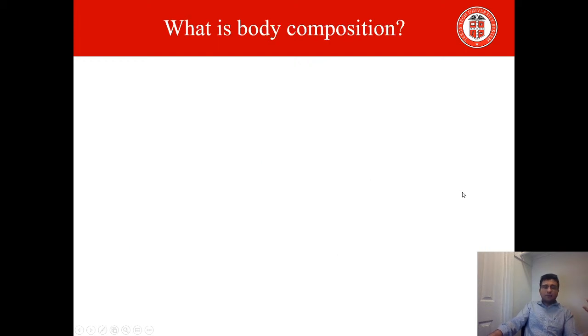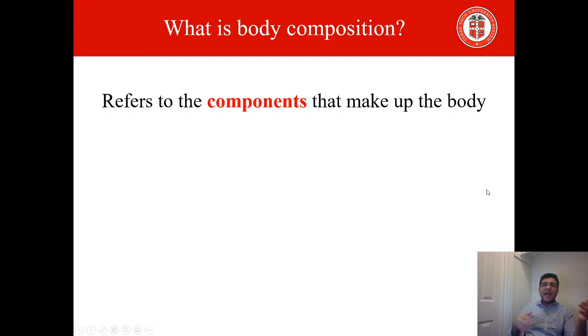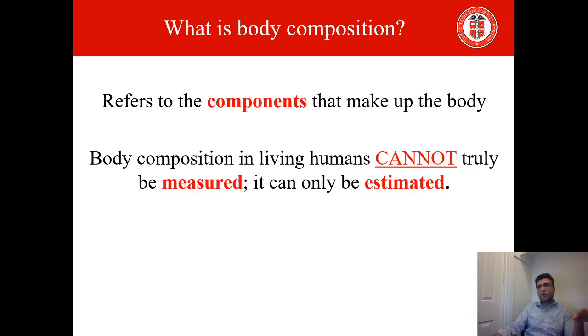Now, after knowing this background, now is the right time to know what body composition is. And you can see the definition is really self-explanatory. Body composition refers to the components or the pieces or the parts that make up our body.